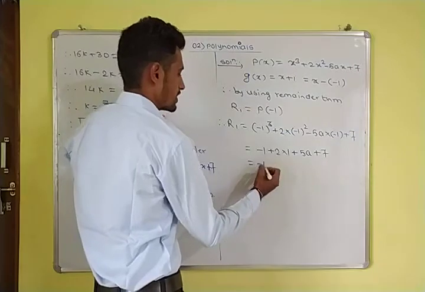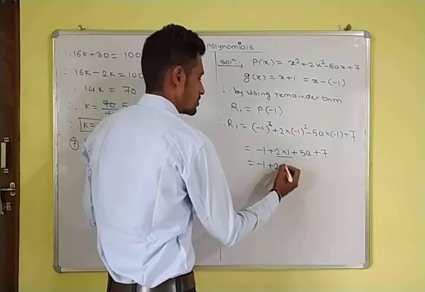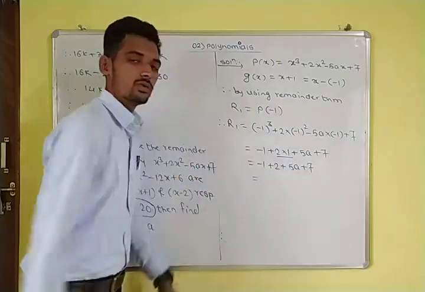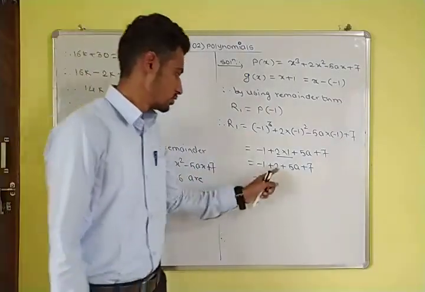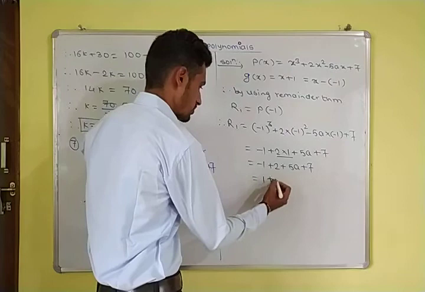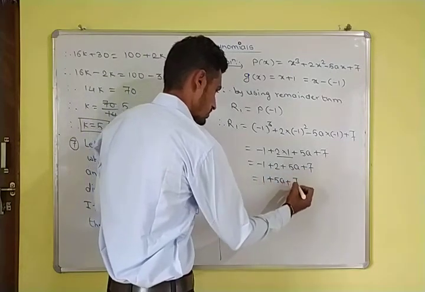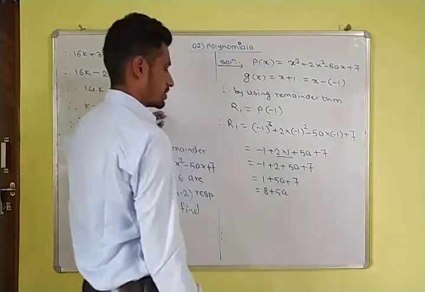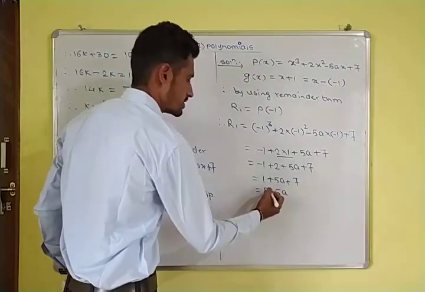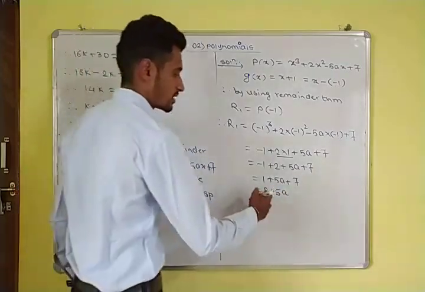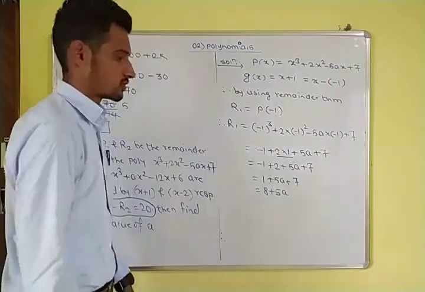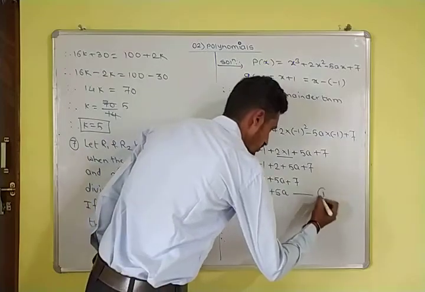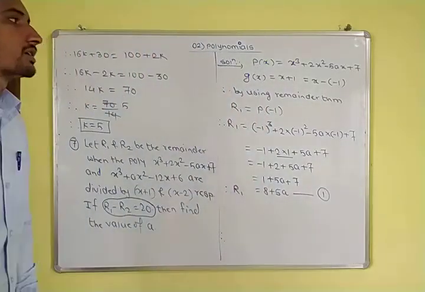That is 2 minus 1 is 1, plus 5 plus 7, so 7 plus 1 is 8 plus 5a. Not 13a, because there is no a term there, they are unlike terms. That's why r1 is equal to 8 plus 5a. Say this is equation number 1.